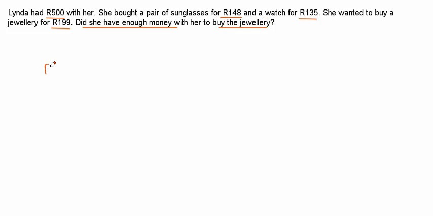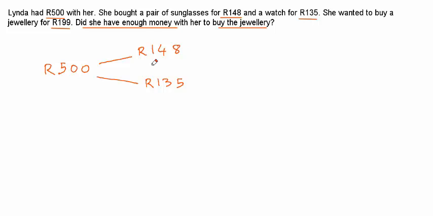She started with 500 Rand and then she already bought a pair of sunglasses for 148 Rand, and then also a watch for 135 Rand. Now the question is, does she still have enough money to buy the jewelry that costs 199 Rand?